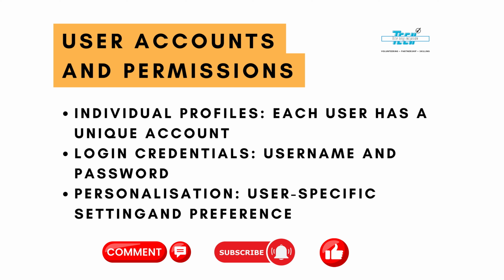Every user has a different ID. If you want to sign up on Instagram and put in a username, Instagram tells you this username has been taken. You can't have two users with the same username. That's impossible. And then we have the login credentials, username and password.